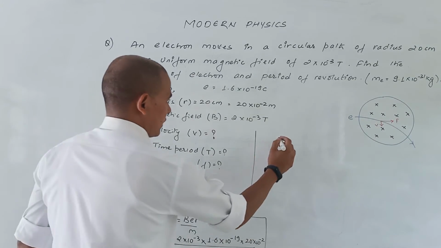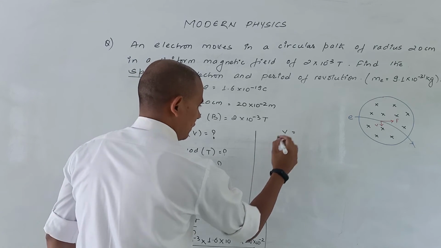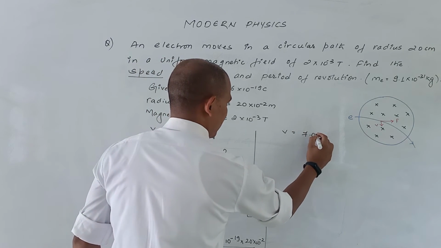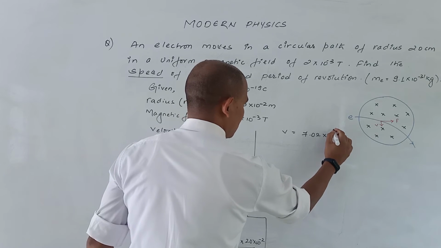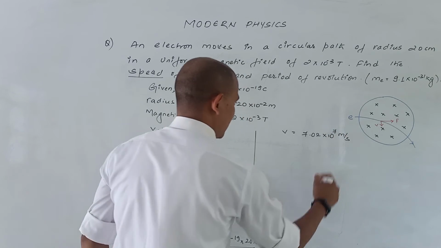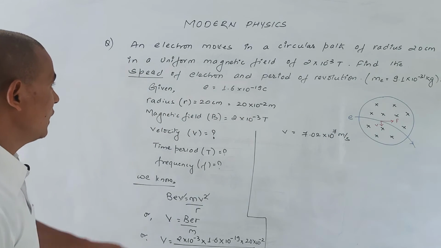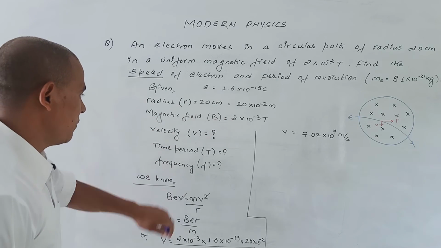So our answer is V = 7.02 × 10^7 meter per second. Now we have to calculate the time period.